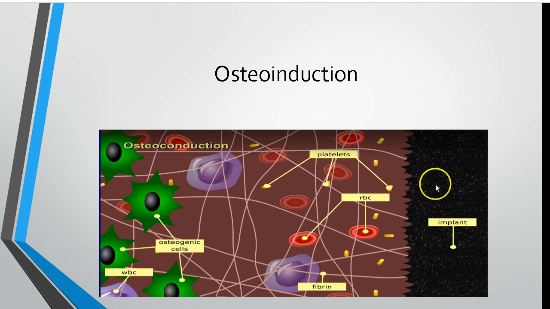Just to have an idea, this is your implant, and in that space that we talked about, you'll have the red blood cells and obviously the platelets. You have initially the osteoclasts that come in and remove all the debris. And then with the blood itself, you also have the mesenchymal osteogenic cells in that area.